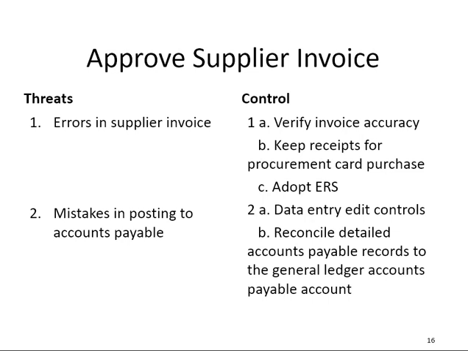If we use a corporate credit card, the receipts should be kept. By adopting ERS, we're going to minimize the errors in supplier invoices, because these supplier invoices are typically skipped under the ERS approach.